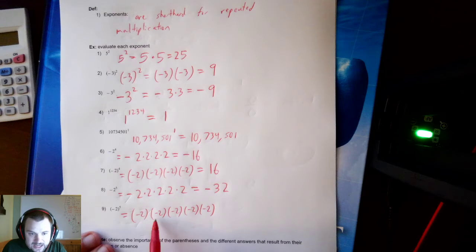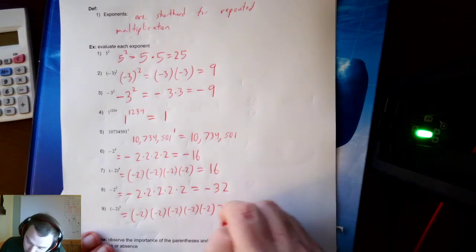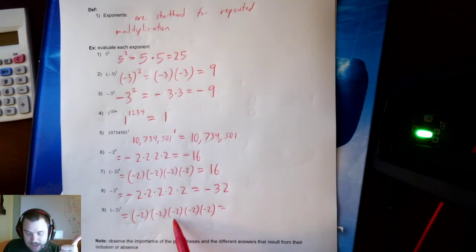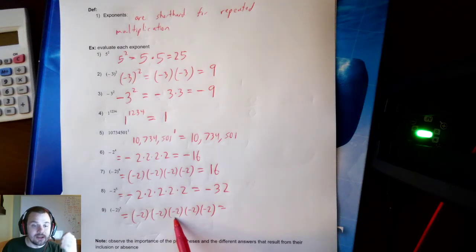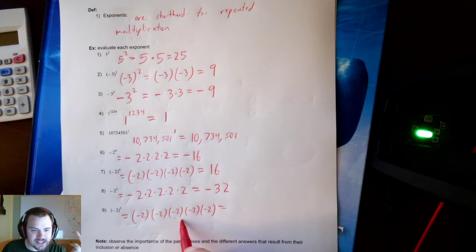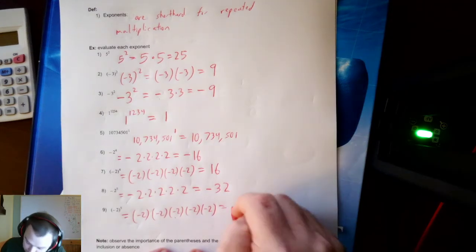Negative 2 times negative 2 times negative 2 times negative 2 times negative 2. Well, negative 2 times negative 2 is positive 4 times negative 2 is negative 8 times negative 2 is positive 16 times negative 2 is negative 32.